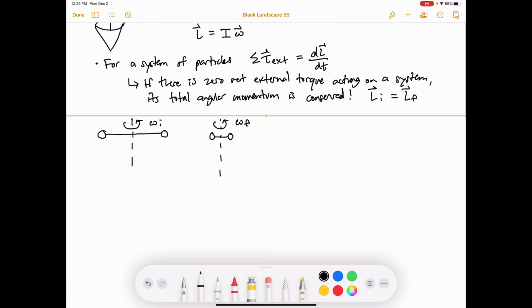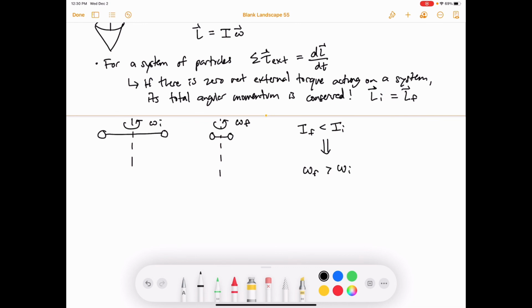Well, what we see here is that the moment of inertia in the final state is actually less than the moment of inertia in the initial state because we're bringing the masses closer in. But as a result of that, it's going to be spinning faster. Omega final is going to be greater than omega initial, in other words, once we bring the masses in.